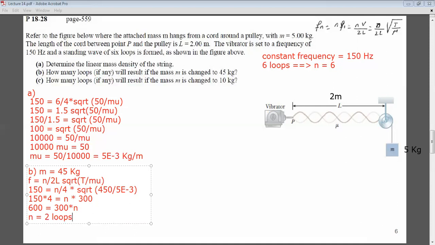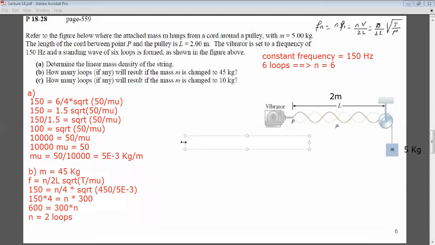So there are 2 loops if we change the mass from 5 kilograms to 45 kilograms. Notice again that as we increase the mass, that is, as we increase the tension in the string, the number of loops was reduced from 6 to 2. When we increased the mass from 5 to 45, we got fewer loops.